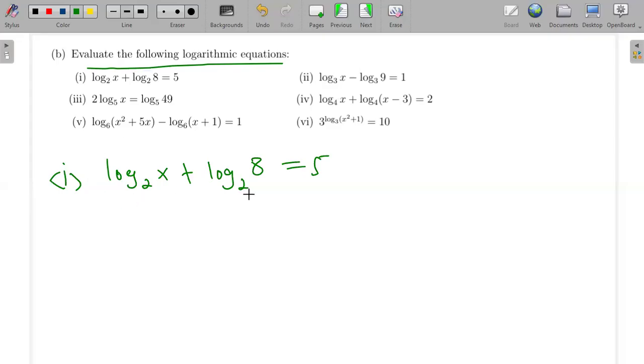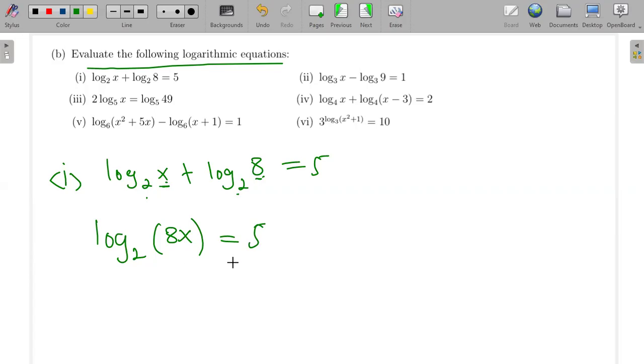The laws of logarithms say that if I have the same bases and I'm adding, I just write one log to that same base and multiply the numbers in front. So this would be x multiplied by 8. So I get log base 2 of 8x is equal to 5. If you missed that video on the laws, please go back to it.